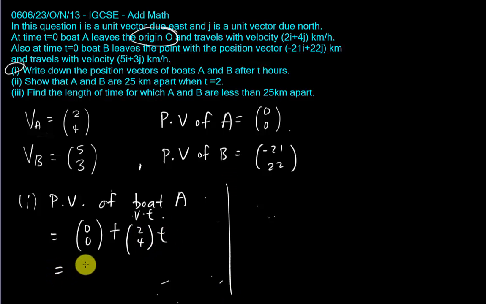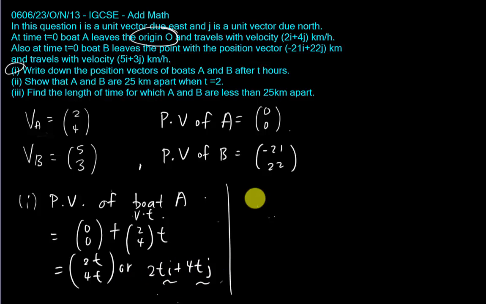Of course I will simplify it, so this is 2t and 4t. If you write in i and j terms, it's just 2ti plus 4tj. You can do this if you want to write in this pattern.